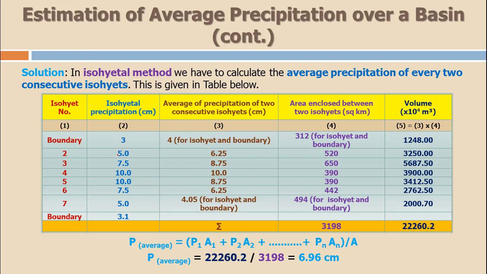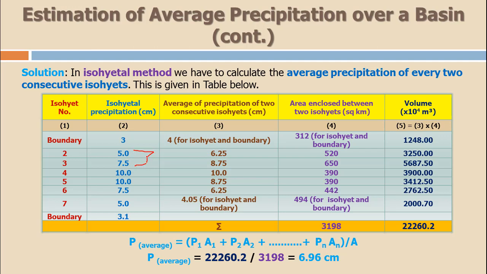Meaning the 3 and 5. The average of 3 and 5 is how much? 3 plus 5 is 8, which divided by 2 will give you 4. So for isohyet and boundary. Similarly, the average of 5 plus 7.5 becomes 12.5, and 12.5 divided by 2 is 6.25. This is the average of these two.